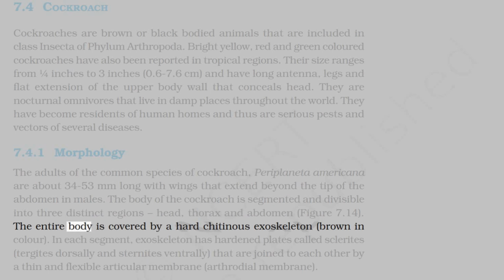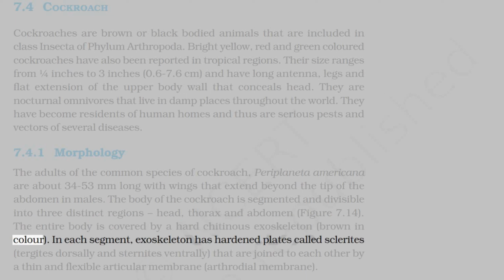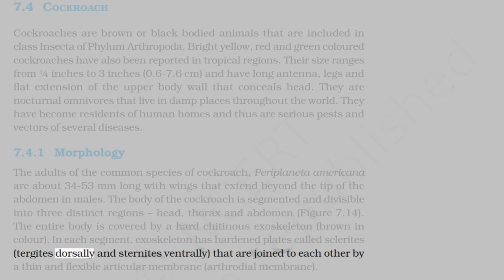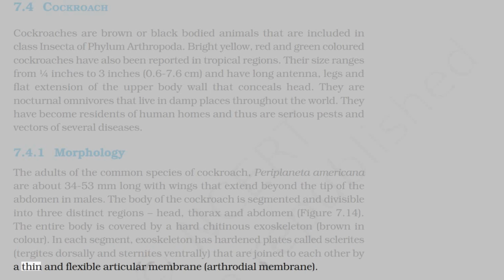The entire body is covered by a hard chitinous exoskeleton, brown in color. In each segment, exoskeleton has hardened plates called sclerites, tergites dorsally and sternites ventrally, that are joined to each other by a thin and flexible articular membrane, arthrodial membrane.